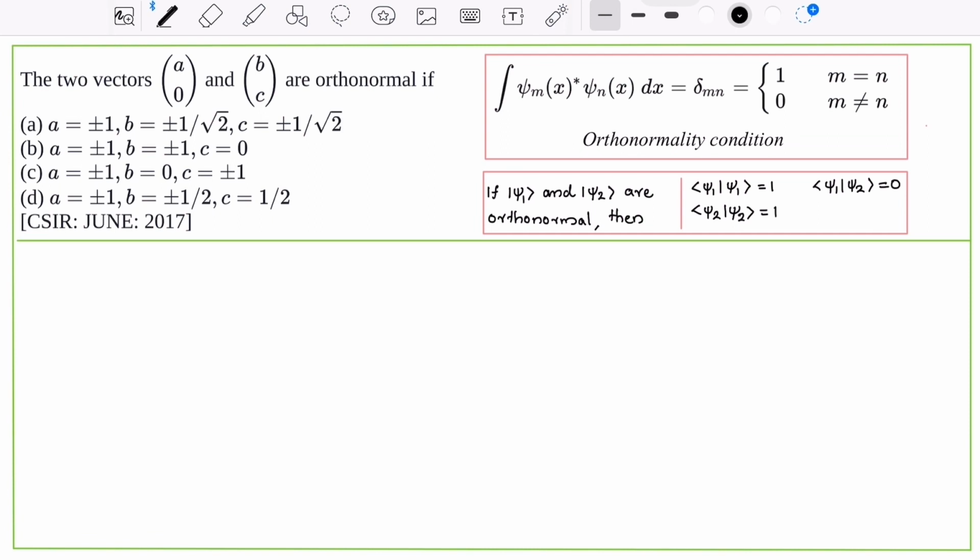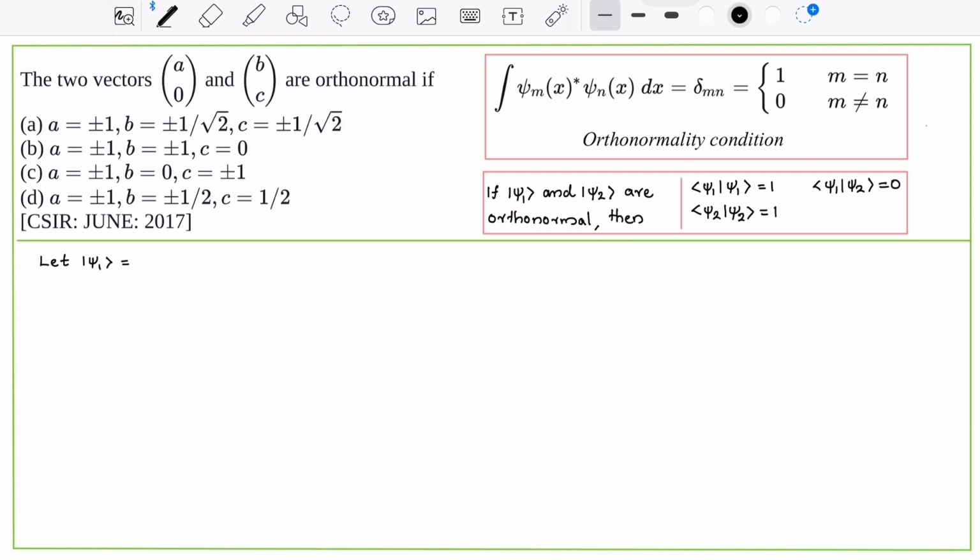The value of the integral is 1 if m is equal to n and 0 if m is not equal to n. If psi 1 and psi 2 are orthonormal, then the inner product of psi 1 with itself is 1, the inner product of psi 2 with itself is 1, and the inner product of psi 1 with psi 2 is 0.